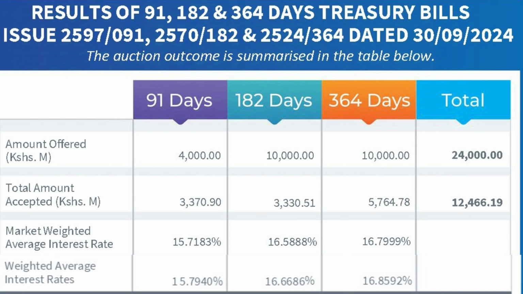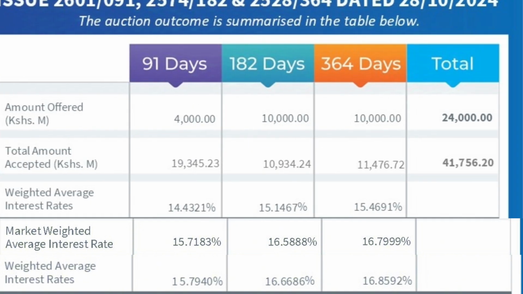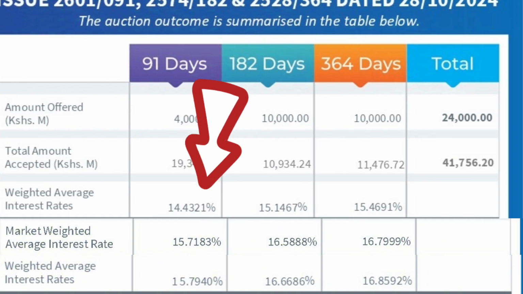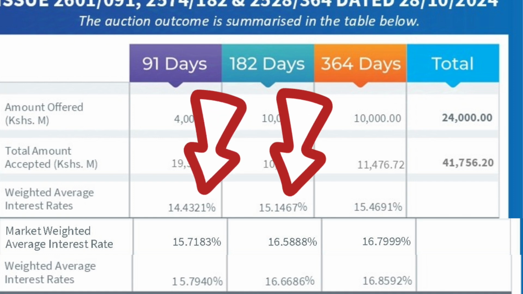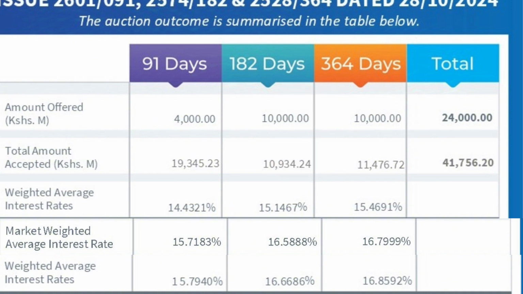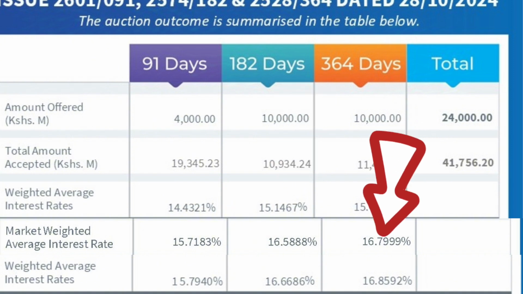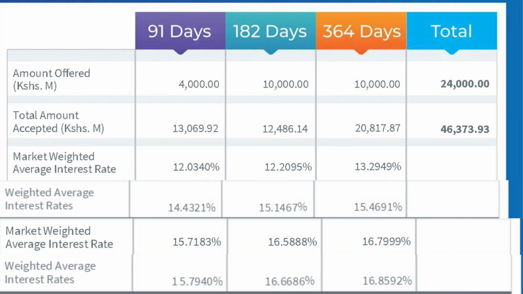The same trend was witnessed in October, where the 91-day treasury bill now hit the 14% mark at 14.4321%. The 6-month treasury bill dropped from 16% to 15.1467%, and the 1-year treasury bill also dropped from 16.7999% to 15.4691%. What happens in November?